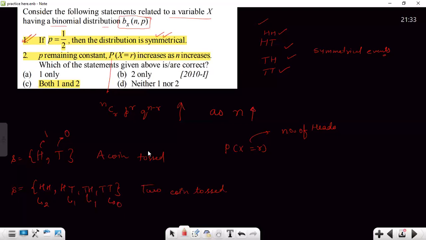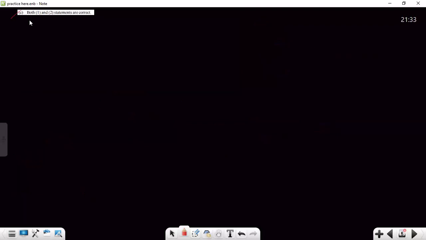So if we increase the number of trials, the probability distribution also increases, right? So the second statement is also correct. Hence C becomes our answer. Let's check. Yes, it is the case.